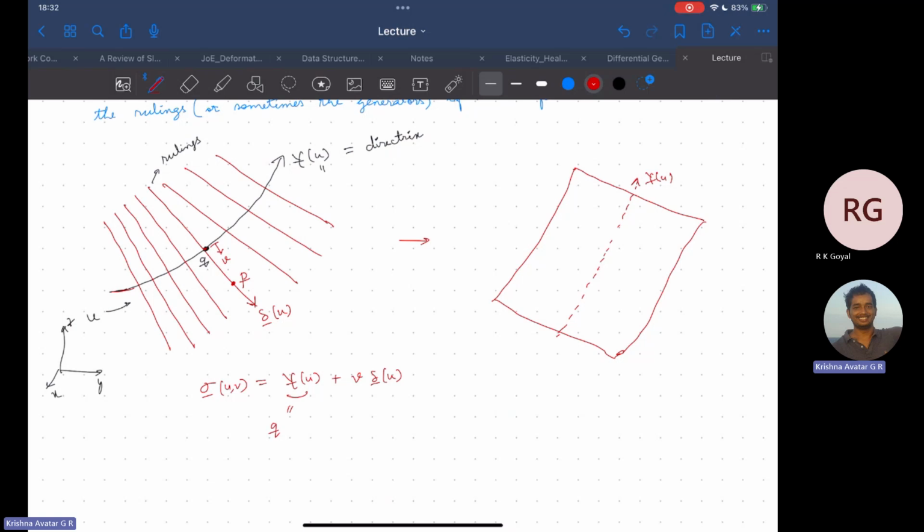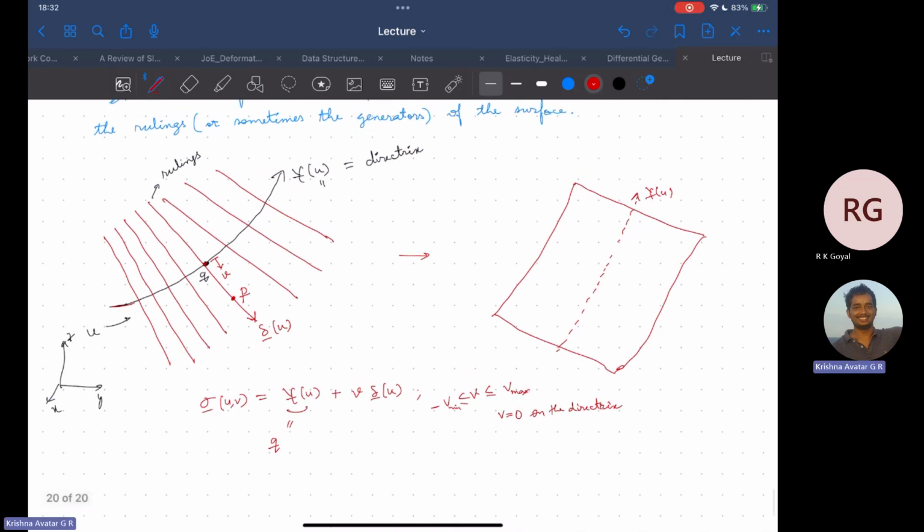It's gamma vector u plus v delta vector u, and v will vary from minus v minimum to v maximum. So v is equal to 0 on the directrix. So this is what we call a ruled surface.